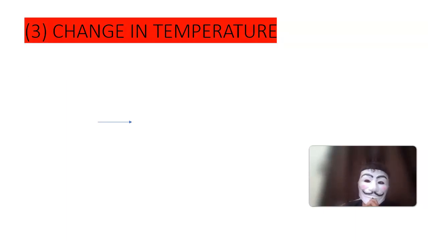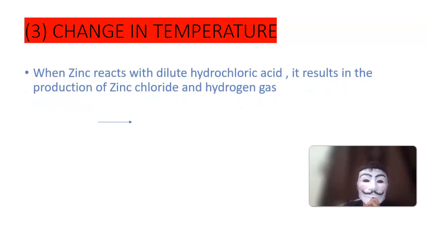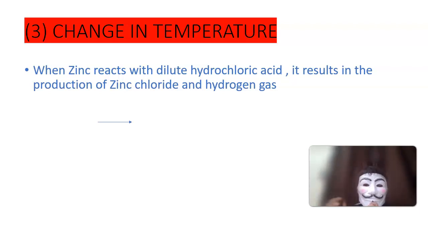Change in temperature. This I told you, change in color and change in temperature are the most important topics in this whole chapter of chemical reactions. So one example I will tell you without looking. When zinc, Zn, reacts with dilute hydrochloric acid, HCl. Don't get scared, just remember the formulas. What was it for hydrochloric acid?